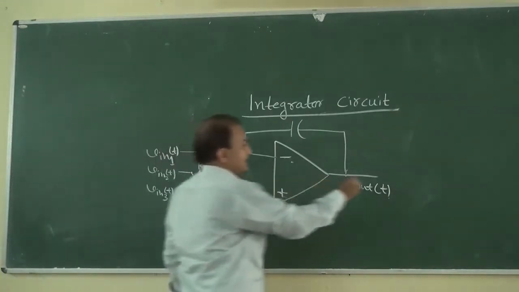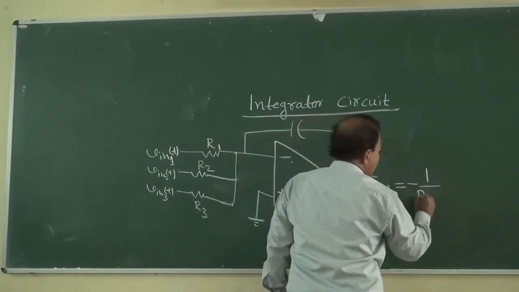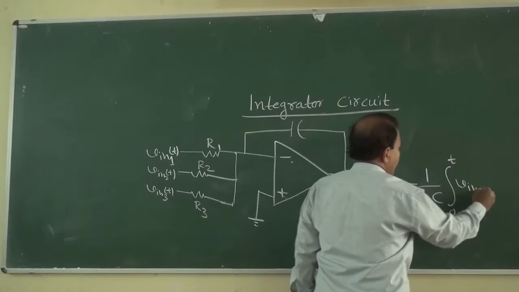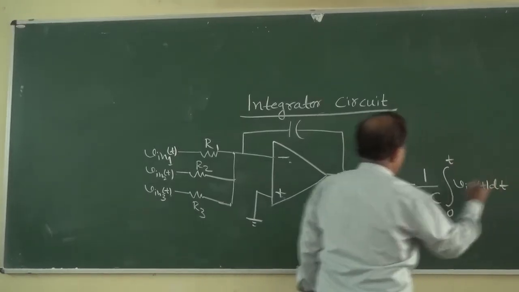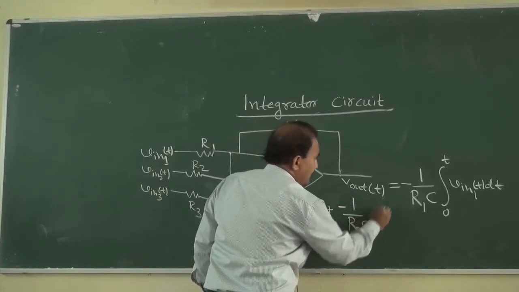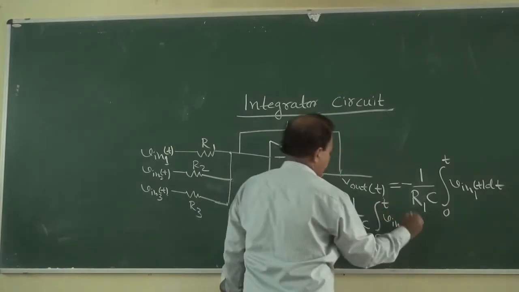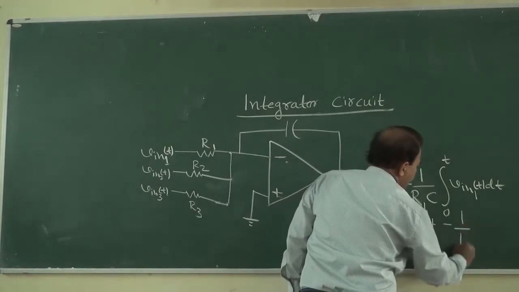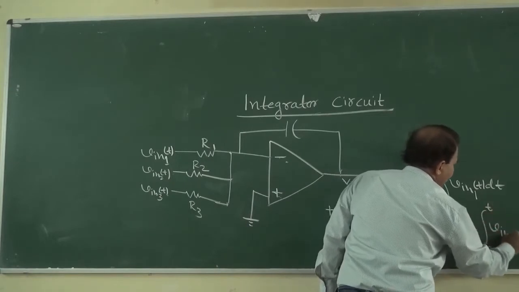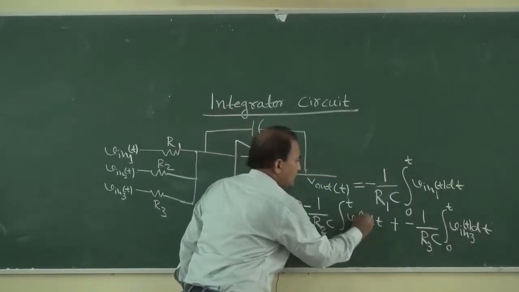So V output is equal to negative 1 by R1C integral of 0 to T V in 1 T dt, plus negative 1 by R2C integral of 0 to T V in 2 T dt, then plus negative 1 by R3C integral of 0 to T V in 3 T dt.